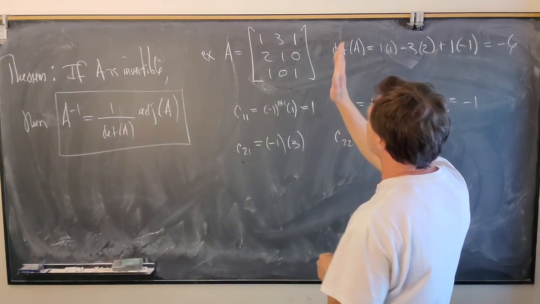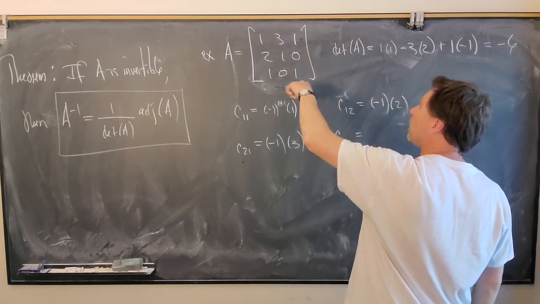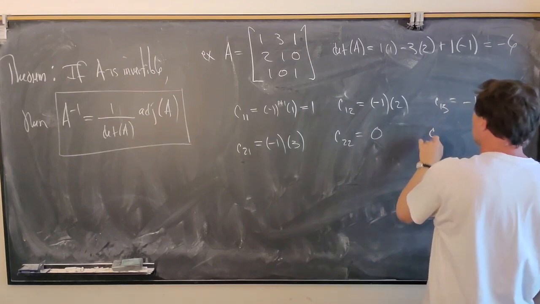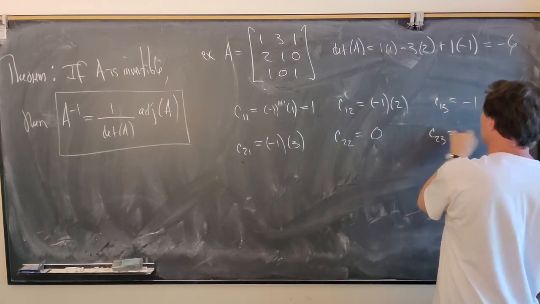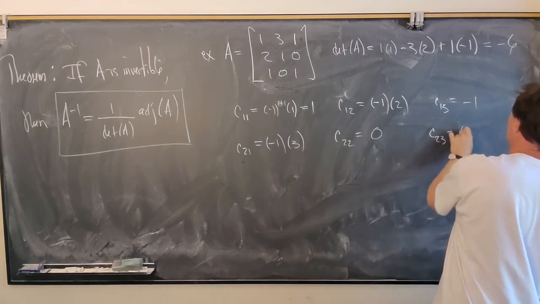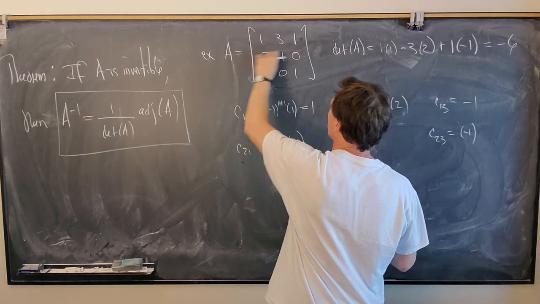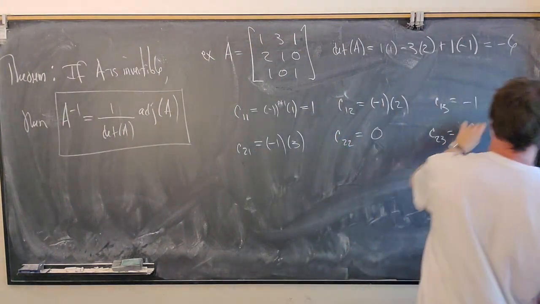And if I delete second row, second column, I get 1 minus 1, which is 0. C23 will be a negative 1 times, delete second row, third column, that gives me a negative 3 here.